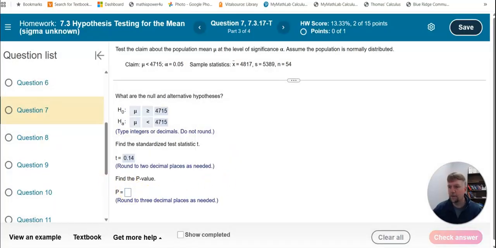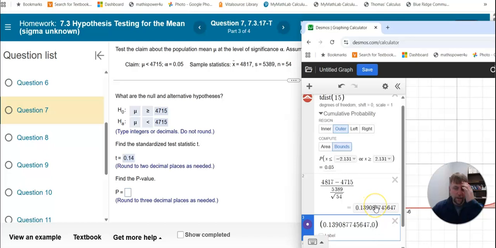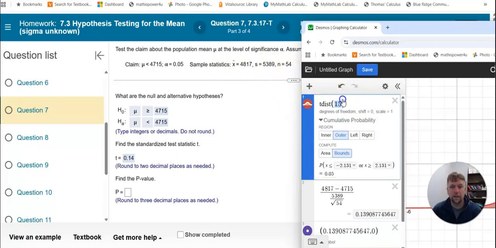The p-value. The p-value is the area in this distribution beyond your test statistic, not beyond the critical numbers. That's just alpha, but beyond the test statistic. So I'm going to use this number in the correct t-distribution. So this is 54, so I need 53 for the degrees of freedom.